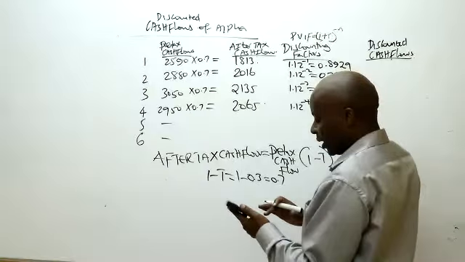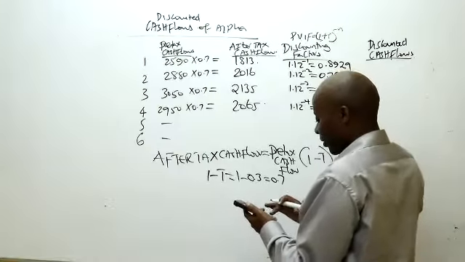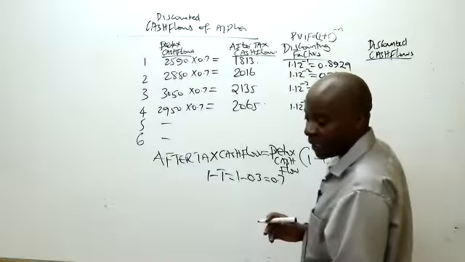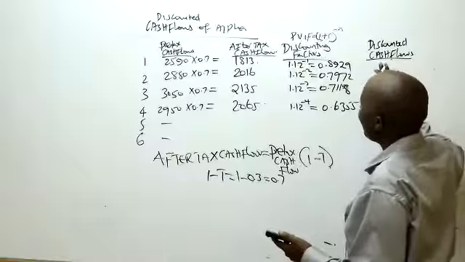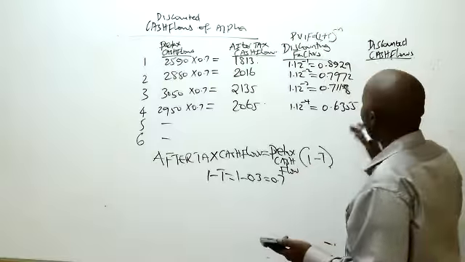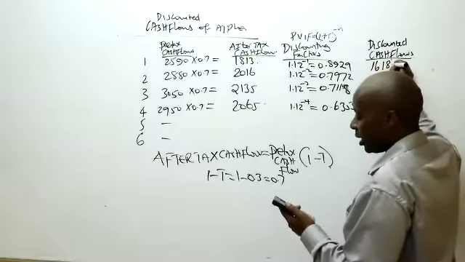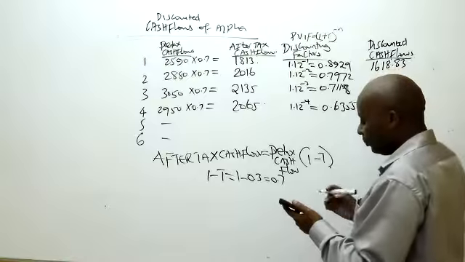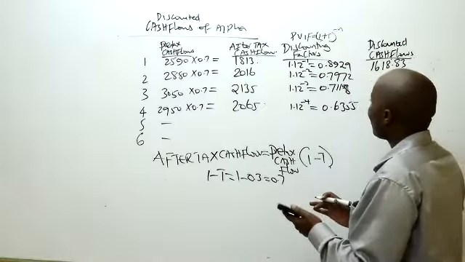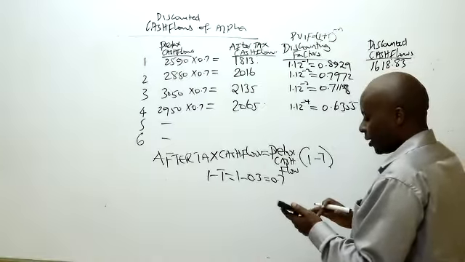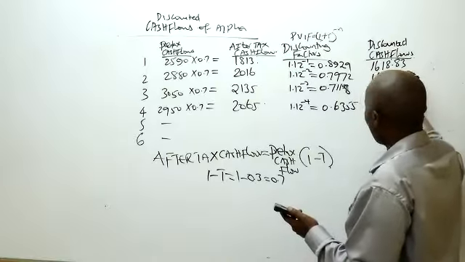Ladies and gentlemen, please check for me whether there is any question there. We need to move together with this series of mine. 1813 times 0.8929 equals, we can decide to work with 2 decimal places, no problem. PVs, of course, must be 4 decimal places, but for discounted cash flows, 2 is sufficient. So we have here 1618.83. 2016 times 0.7972 equals 1607.16.